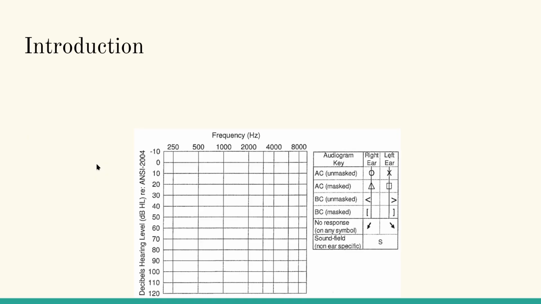It is not commonly or routinely tested, but it is occasionally tested. Testing above 8,000 hertz up to 16,000 or 20,000 hertz would be called an extended high frequency audiogram, and you would have an extended graph or a different graph that would show that. That's roughly beyond the scope of the lecture today.